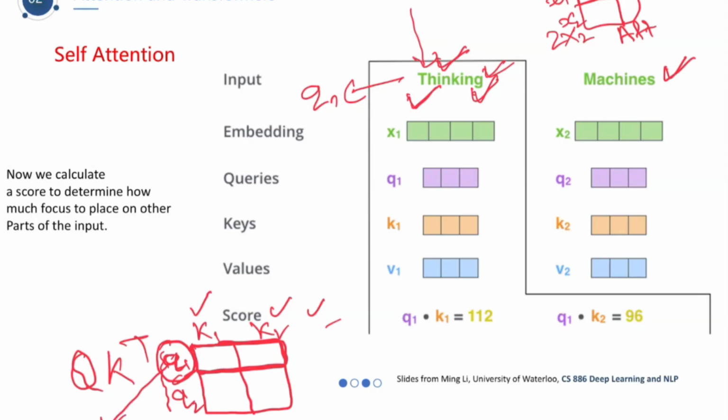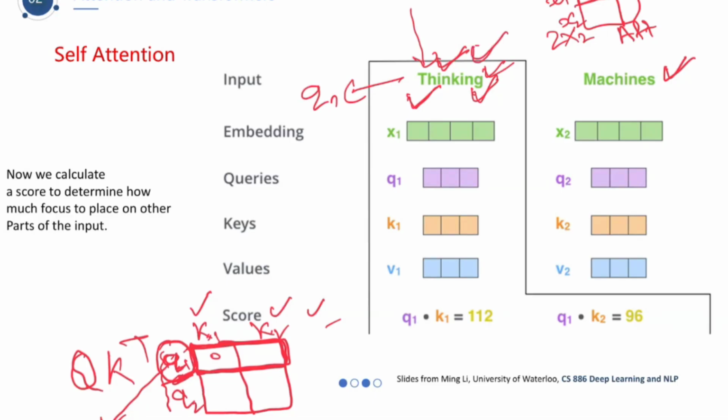That is the query: you are going to refine that word, and that's why you are going to ask the things from every other word. Okay. So query Q1 here will be multiplied with K1, then K2, and that will give you the attention vector for refinement of the thinking.